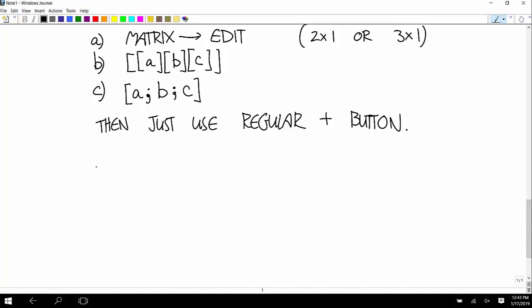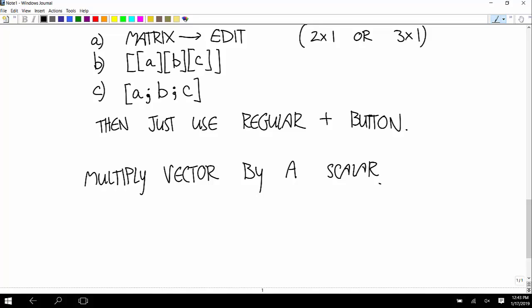To multiply a vector by a scalar, and a scalar is just a number, that's just saying you're multiplying a vector quantity by something that's not a vector. It's just a number.